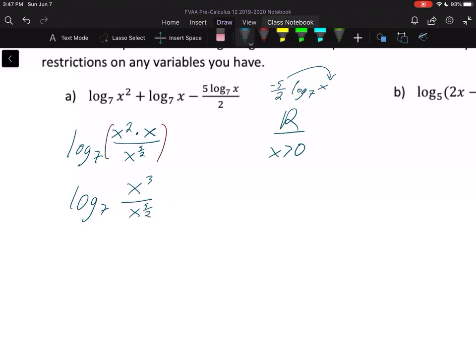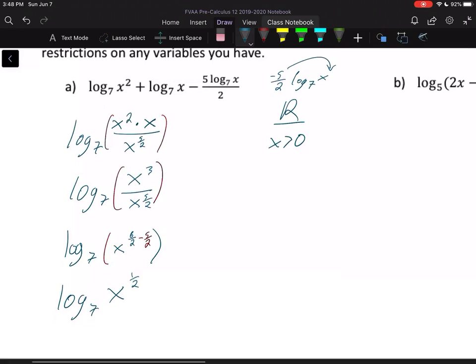All right, and then again, using our exponent laws, log base 7, because I can use my exponent rule inside of that bracket, right? So this ends up being x to the 3 minus 5 over 2, which gives me a final answer of log 7 x to the 1/2.